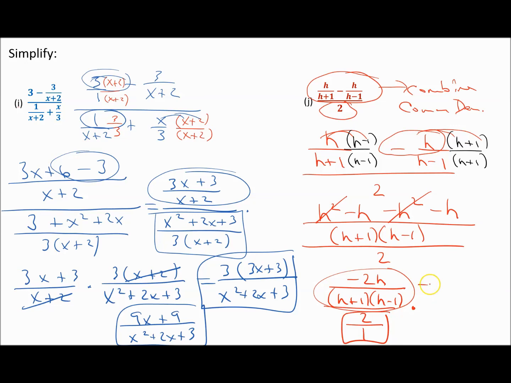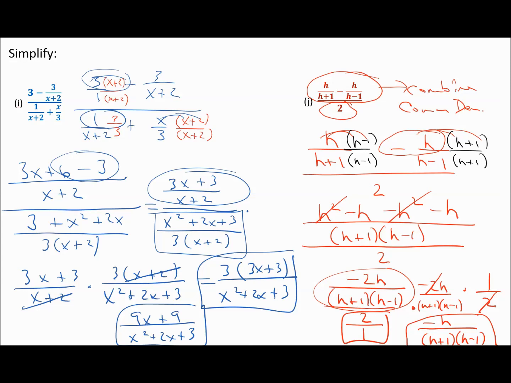I'm keeping negative 2h over h plus 1 times h minus 1. I'm flipping 1 over 2. Turns out this 2 cancels with this 2. So my final answer is negative h over h plus 1 times h minus 1. Final answer there. And it was a little congested. But again, negative h over h plus 1 times h minus 1.